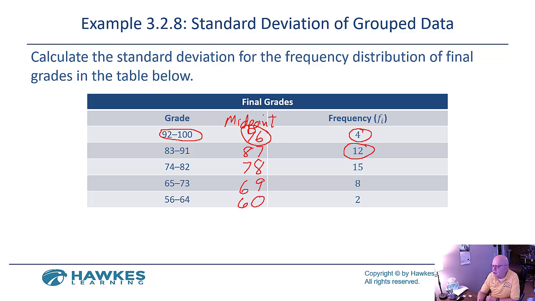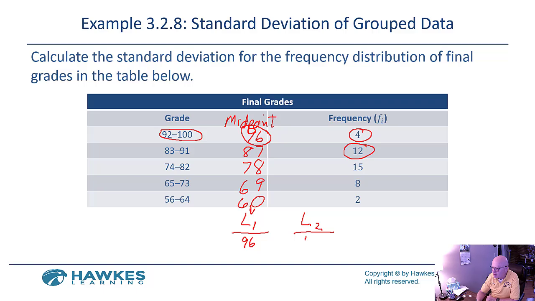So what we're going to do is, in our calculators, we're going to put these items in L1. L1 will contain 96, 87, 78, 69, 60. Right across from them, L1 will have 96 on the top. In L2, we're going to fill that as well, but with frequencies.